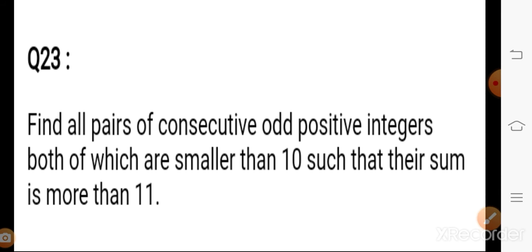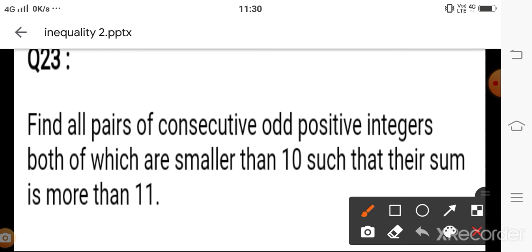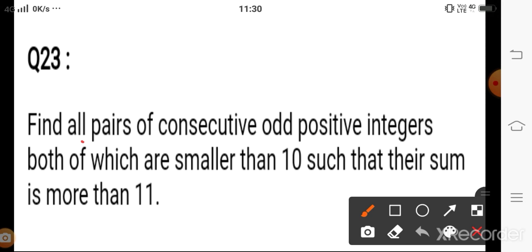Let us solve one more statement problem. The question is, find all pairs of consecutive odd positive integers. If you consider the odd positive integers, we are getting 1, 3, 5, 7, 9 and so on. Similarly, the even positive integers we are getting as 2, 4, 6, 8.